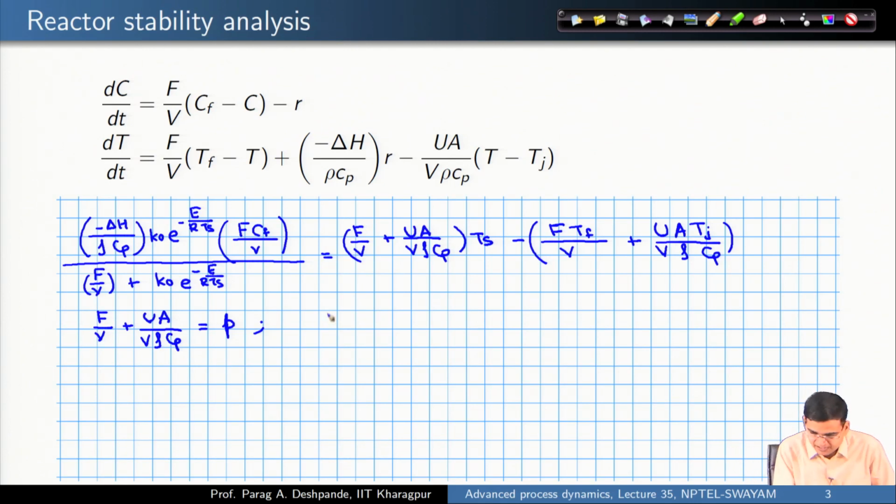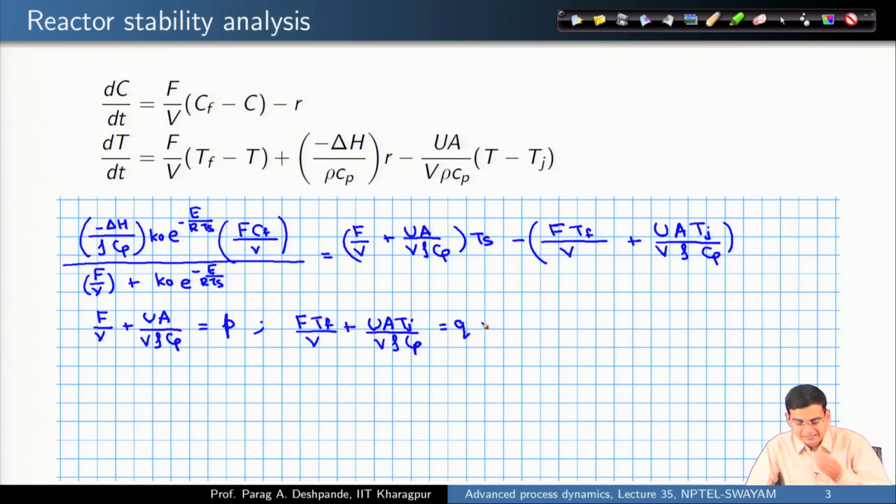Therefore, I can write F T f upon V plus U A T j upon V rho C p, let me call this as another constant Q. Okay. So, in light of this, the right hand side would be P times T steady state minus Q.